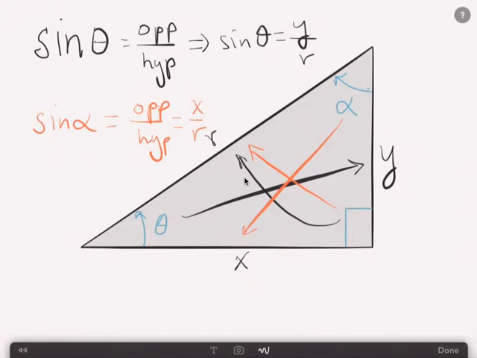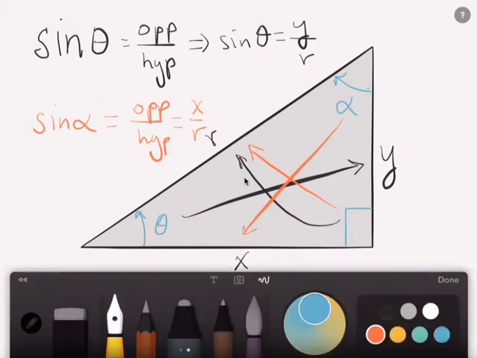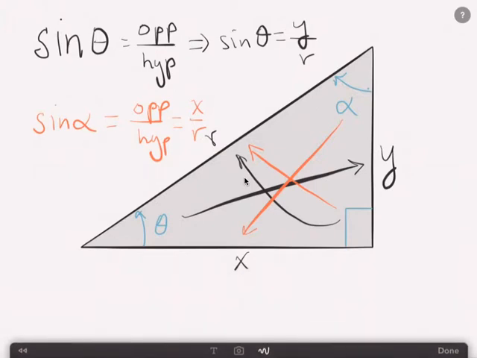I want to do the same kind of defining for cosine. So cosine of theta is equal to the adjacent side over the hypotenuse. We know what the hypotenuse is, it hasn't changed, but the adjacent side to theta is right next to it. That's what adjacent means. So we have x over r.